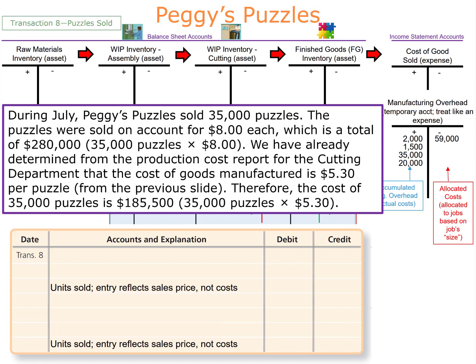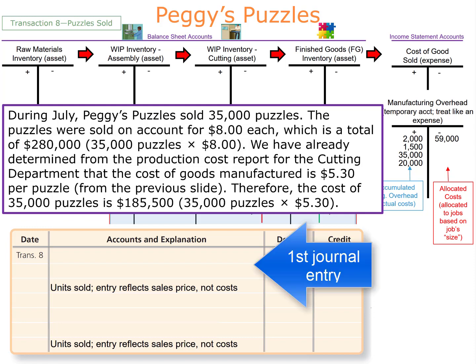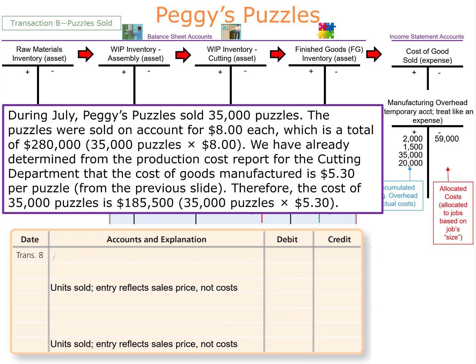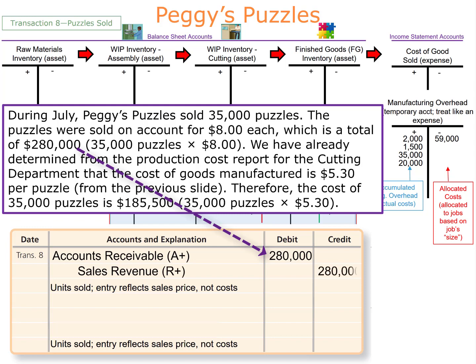As always, whenever we sell a product, we need to record 2 journal entries. Since these were sold on account, we have to increase accounts receivable, an asset, with a debit of $280,000. Then we need to increase sales revenue with a credit for the same amount. Then we have to increase COGS and lower inventory.